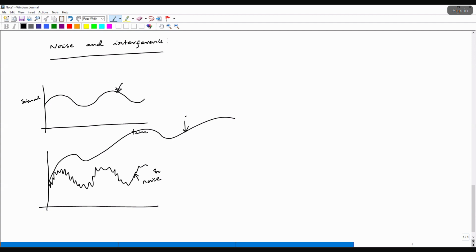This is basically signal plus noise, and this could be signal plus interference. But one of you said that this is predictable.